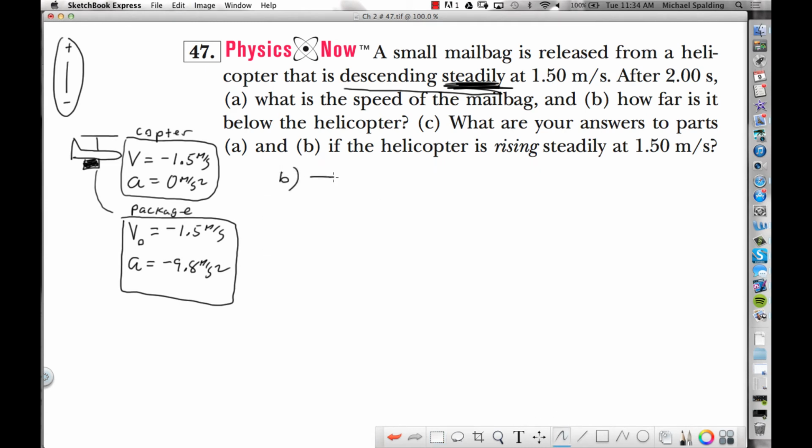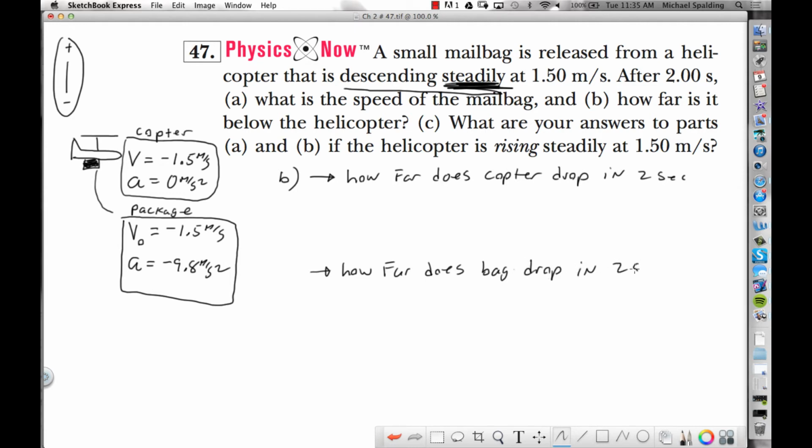2 calculations. The first calculation is: how far does the helicopter drop in 2 seconds? And then the next thing we're going to calculate is how far does the bag drop in 2 seconds?